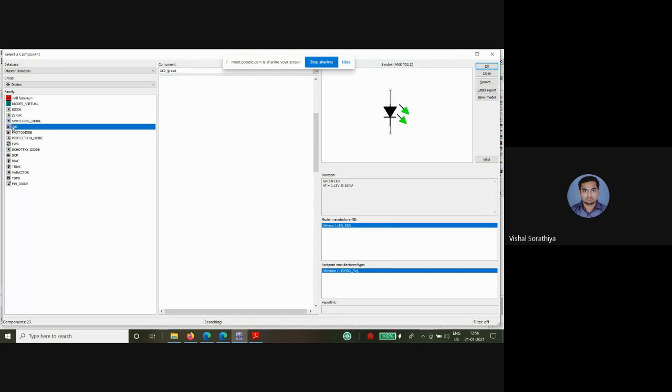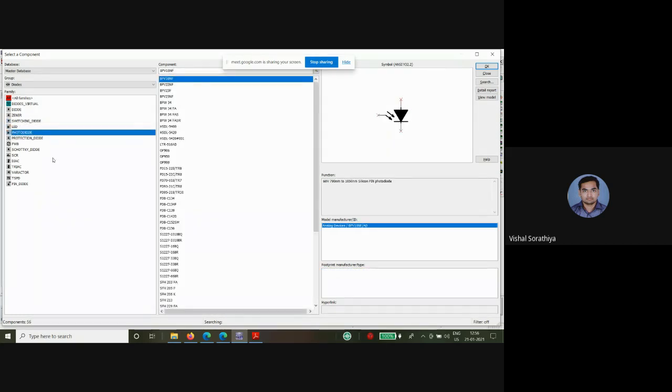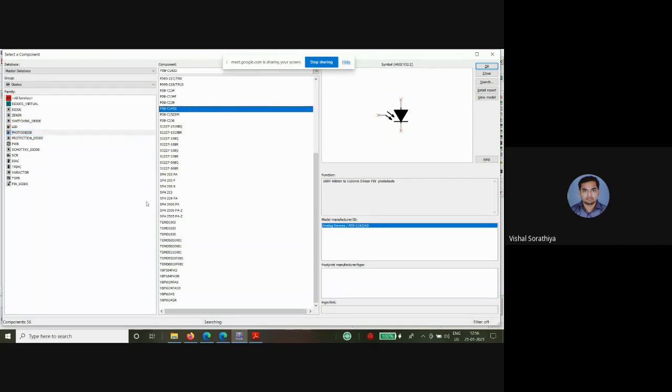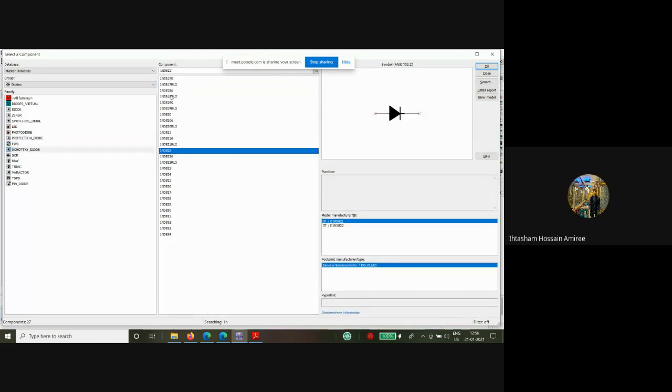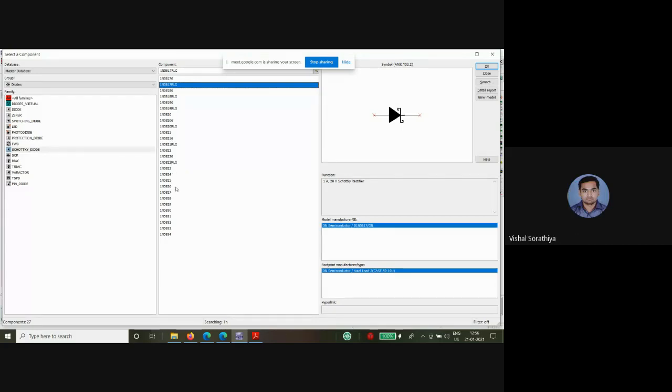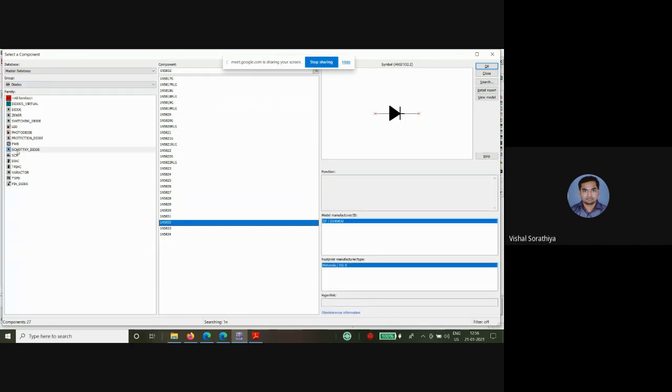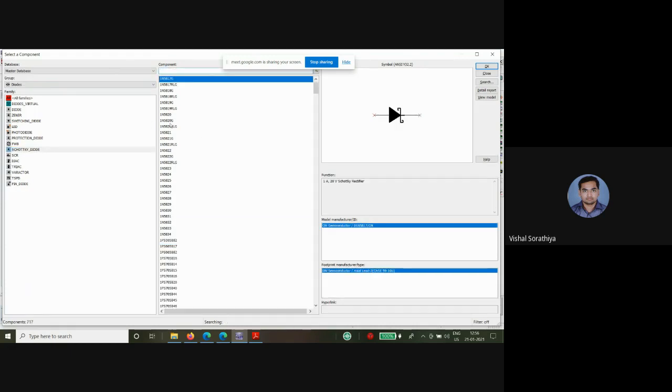It is available in my circuit, but let me find the proper location. Sir, it's in the Schottky diode. Yes, it's a 10BQ. The name is not written over here.